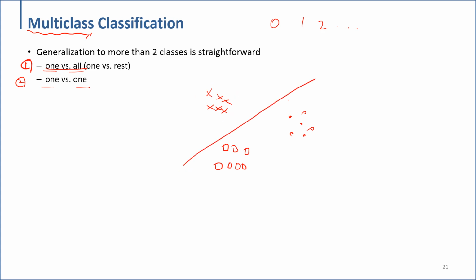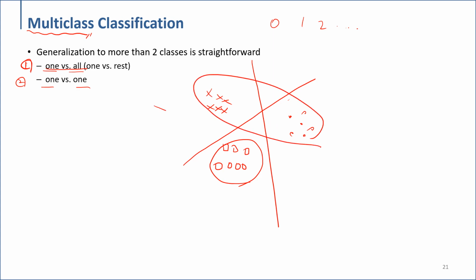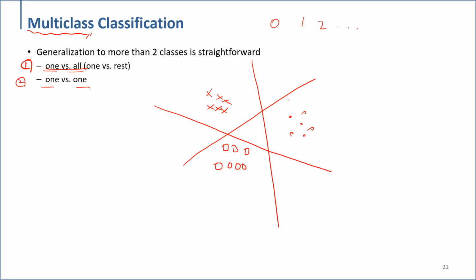And secondly, for this class and the rest of it, you may find the second decision boundary. And lastly, you may find this class and the rest of it, and so you may find the final decision boundary. By using that, you can divide these data into three classes.